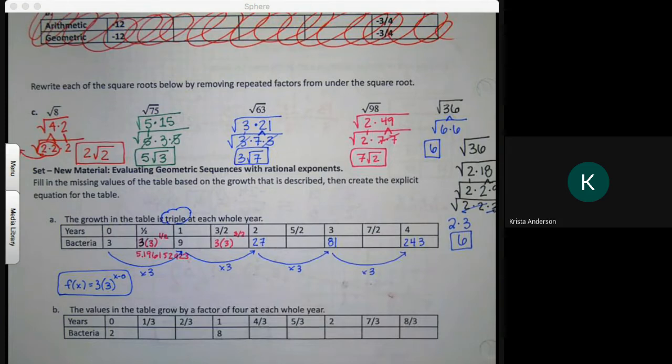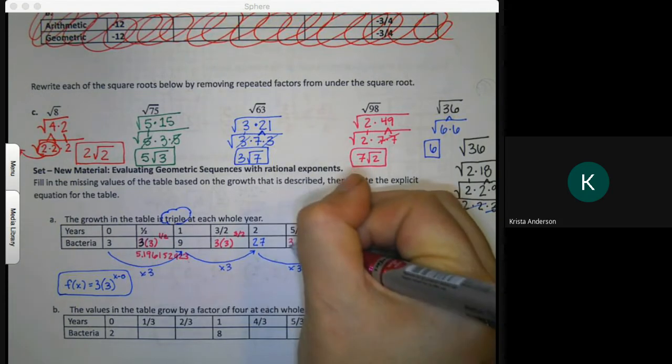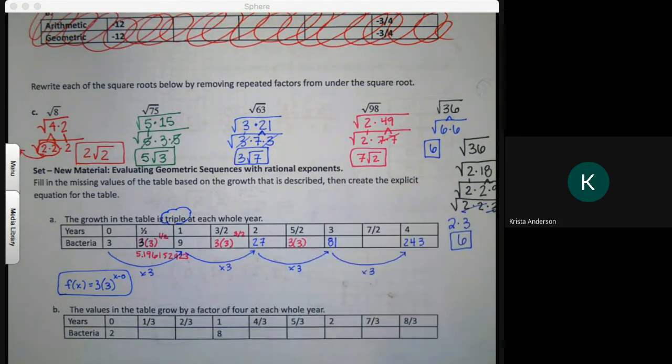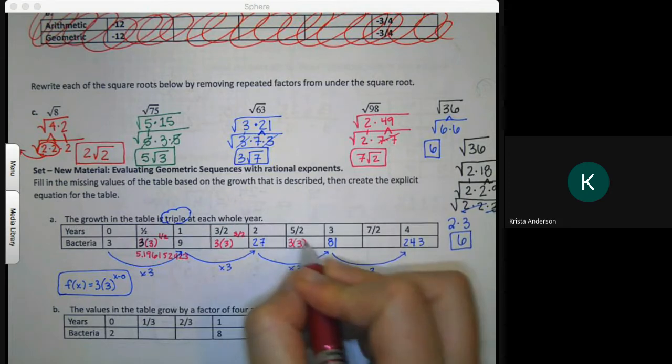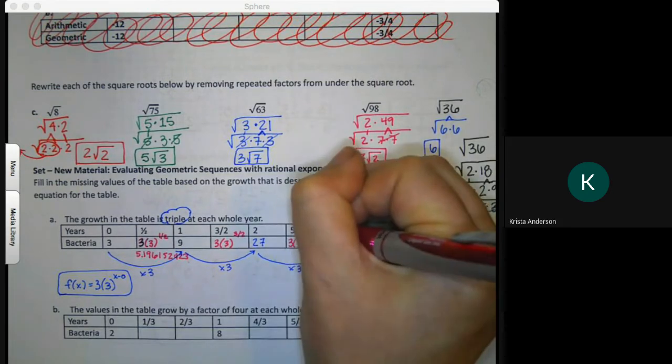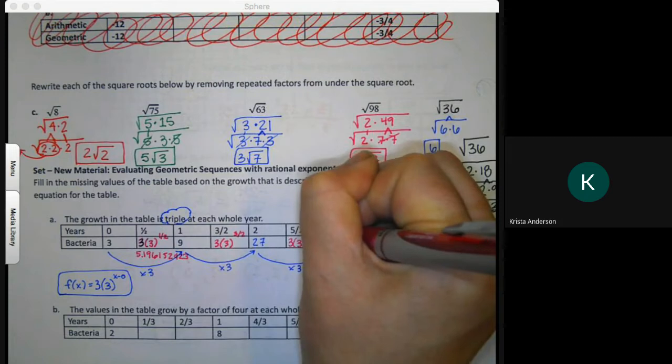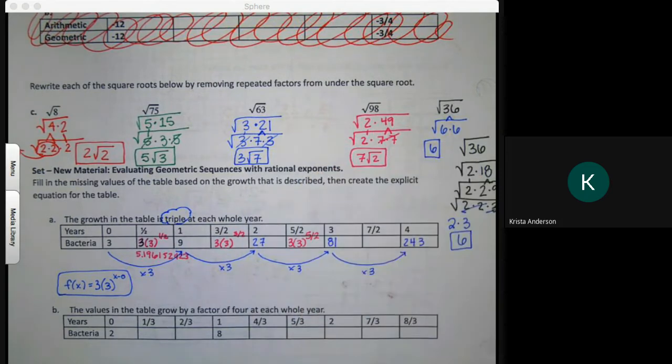Did yours match? All right, let's fill in the next one. I would have 3 times 3, but instead of putting my power, I'm going to put 5/2 up there. Up in the power, so it should be up.